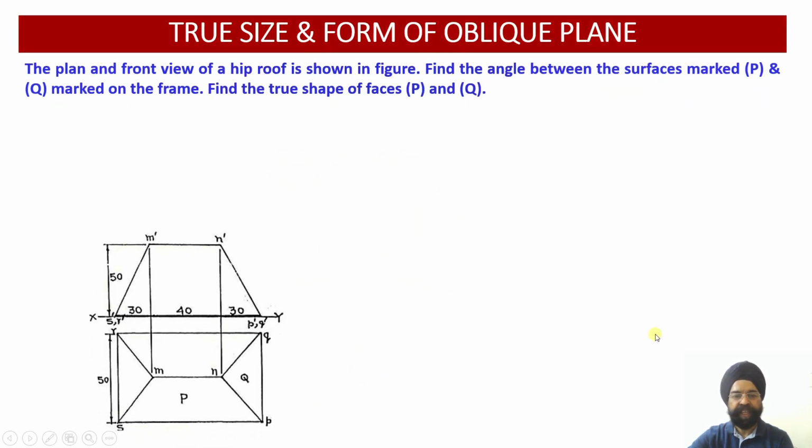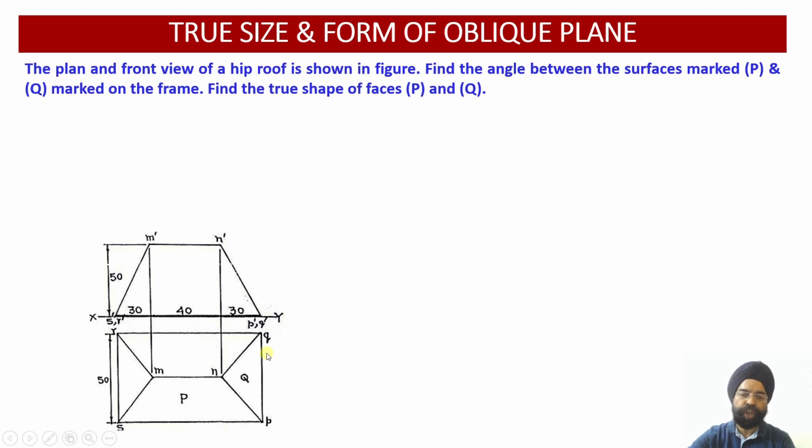Please check. Step number 1, we have to draw the front view and the top view coordinates, whatever coordinates are available with us. The coordinates of the different points were available with us, so we have drawn the basic front view data and the top view data onto our drawing sheet.